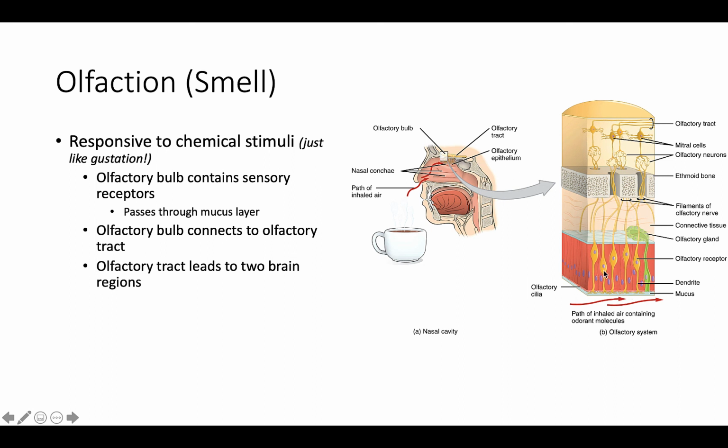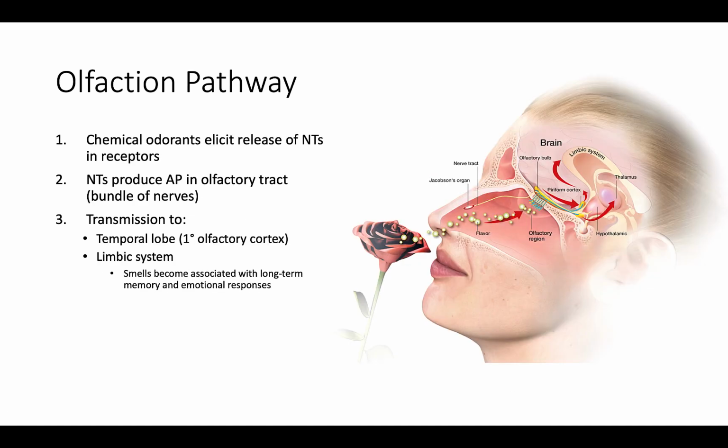We have these sensory olfactory receptors that, once the chemical odorants pass through this mucus layer, they make contact with the olfactory receptors, eliciting neurotransmitters to be released onto the olfactory neurons. And then those olfactory neurons make contact with an olfactory tract, which is a bundle of fibers that goes on to the brain. And there's actually two different regions that it will go to in the brain.